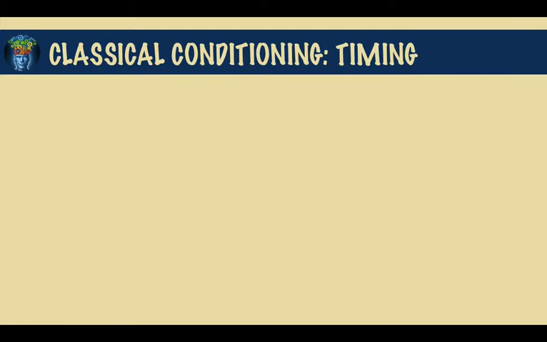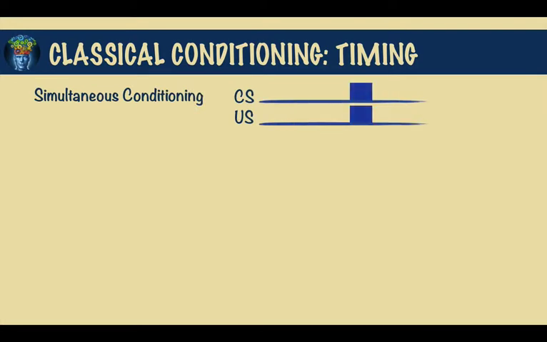Another important aspect of classical conditioning is timing, and that is the precise timing of the pairing of the CS and the US, which can have a major effect on the outcome of conditioned response. Let's look at 4 of these. In simultaneous conditioning, the CS and US begin and end together.